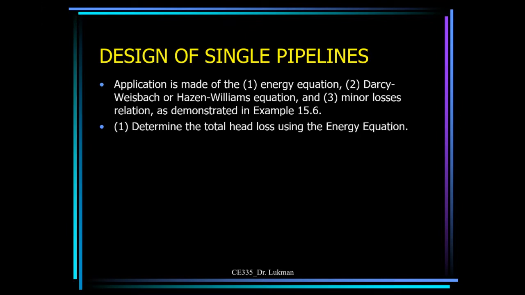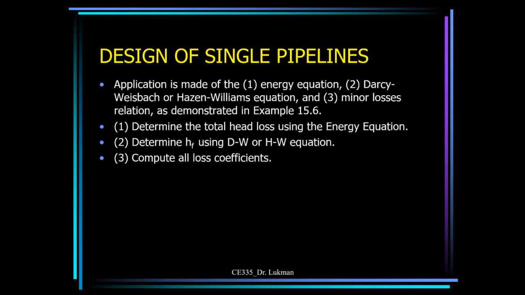We first determine the total head loss using the energy equation, and then determine the friction head loss using either the Darcy-Weisbach equation or the Hazen-Williams, and compute all loss coefficients, meaning minor losses. Include all minor losses where necessary, and then assume f and compute D by trial and error.